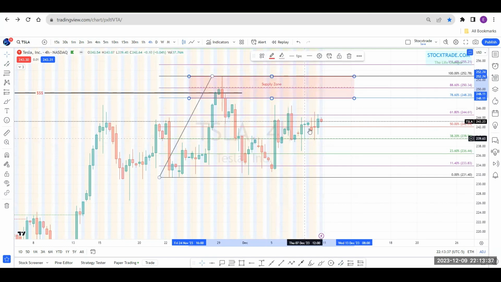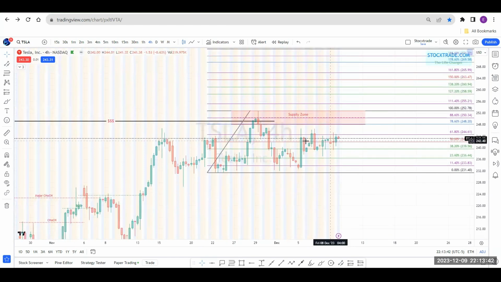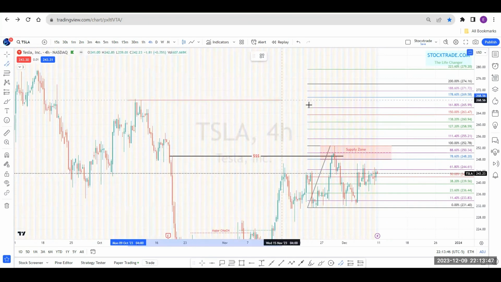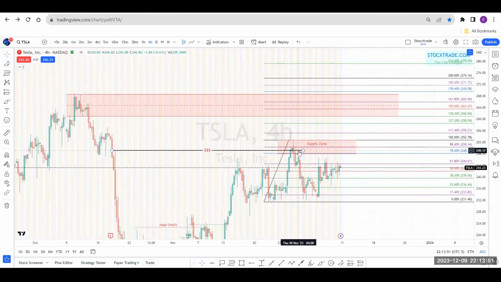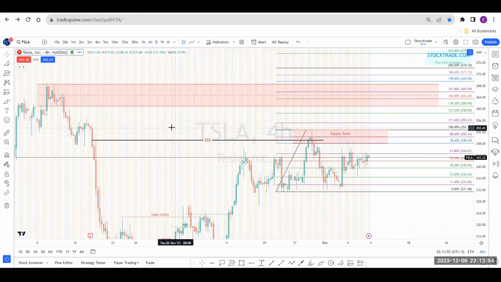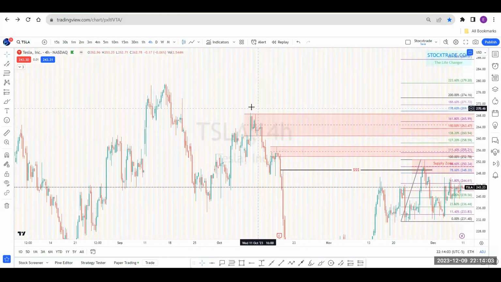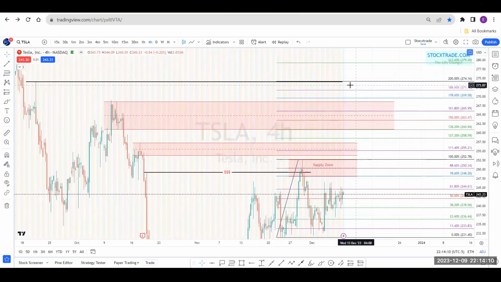Now the price is in a bullish trend, but it needs to break this area, because I think in the coming days Tesla will hit this area. First of all, it needs to break at least this supply, and if it goes on, there are more chances, because this is the major liquidity, the 273 area.